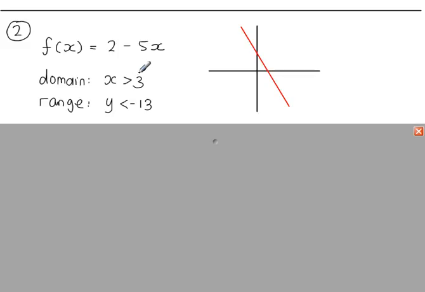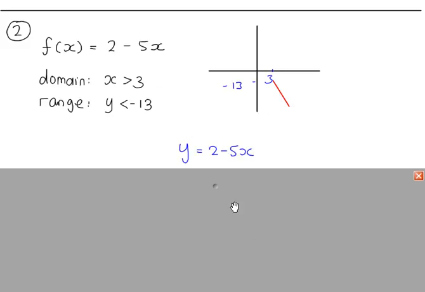X is greater than 3, so only this part of the graph counts. When x is equal to 3, then 2 minus 5 times 3, so 2 minus 15 will give minus 13. Because x is greater than 3 but not greater than or equal to 3, then y values are less than minus 13.